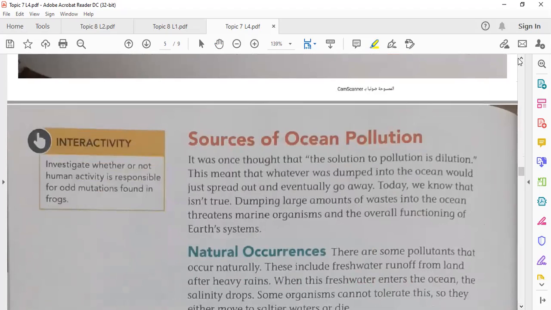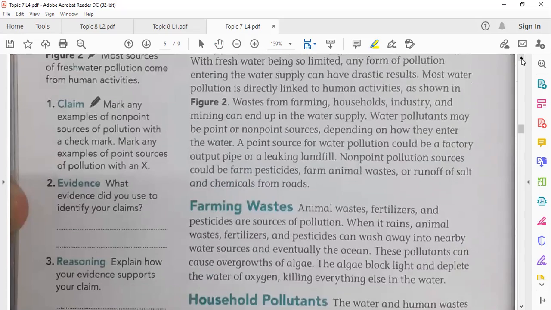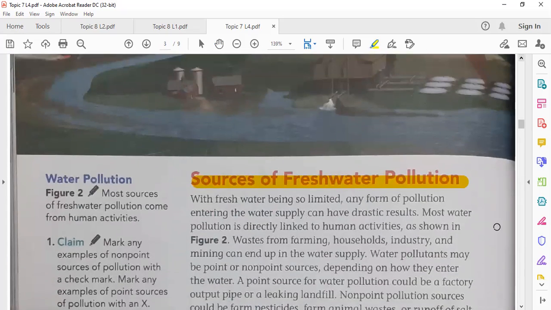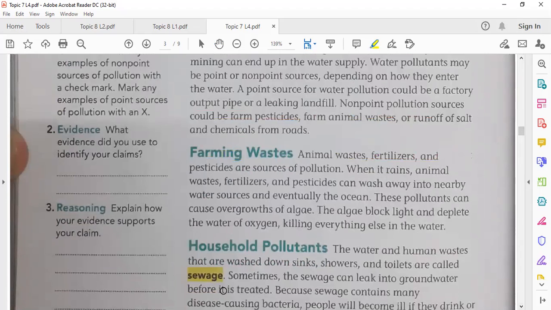Please focus on the definitions. Anything like this, the definitions are always what they ask about, so please memorize them.